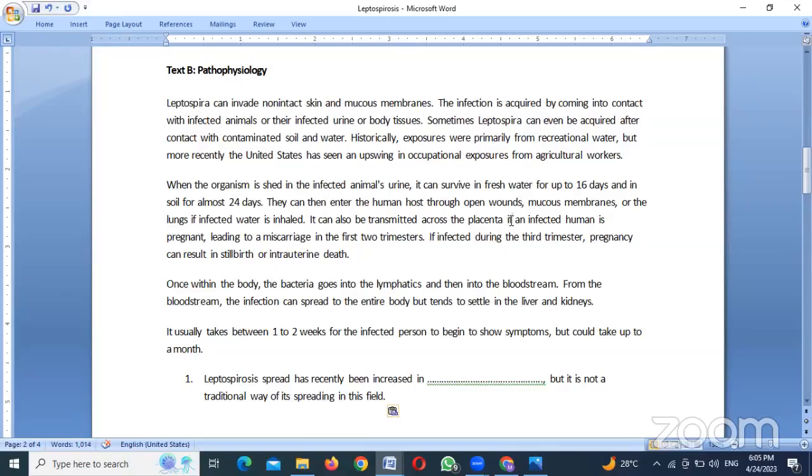Occupational exposures, no, it is not the answer. Agriculture workers are the source of infection, okay? See, there is an upswing in exposure from agriculture workers, okay?